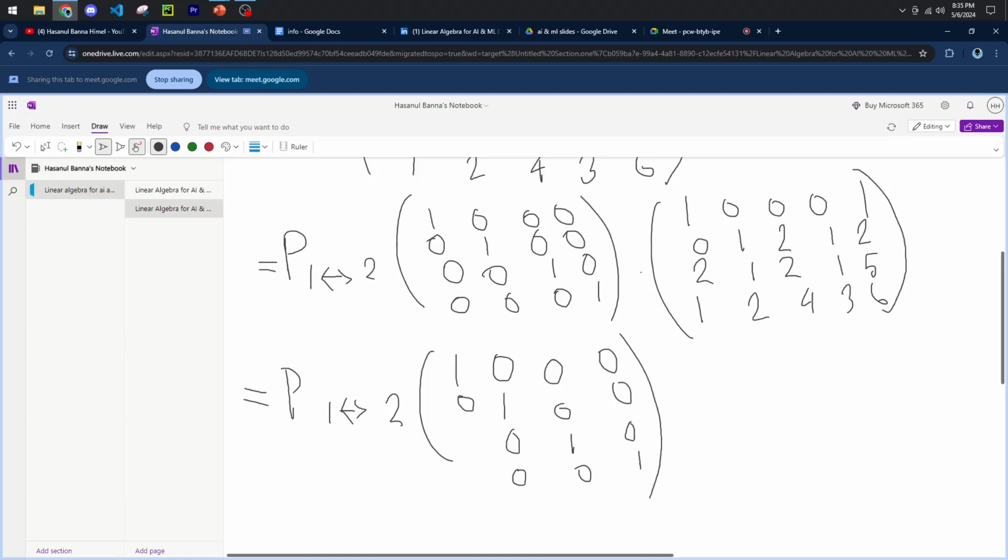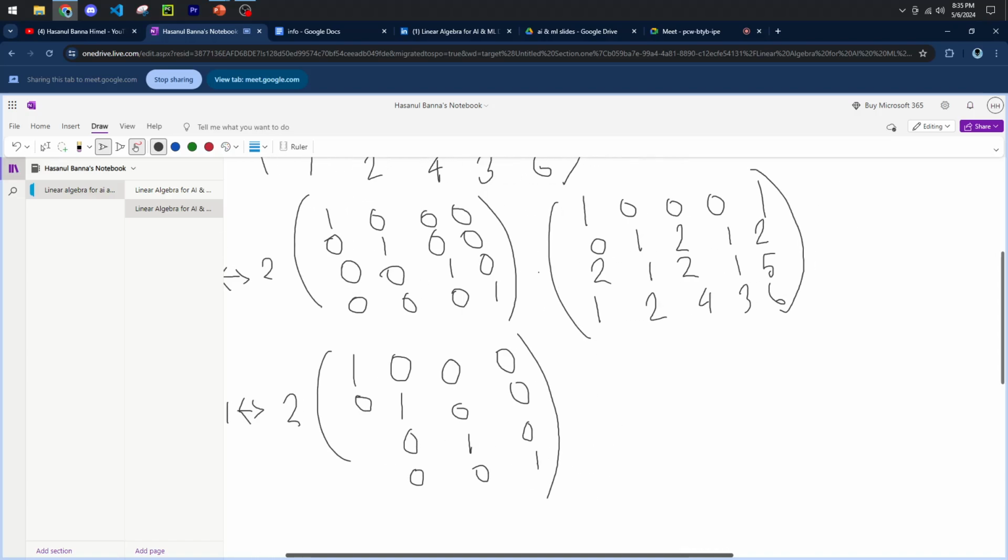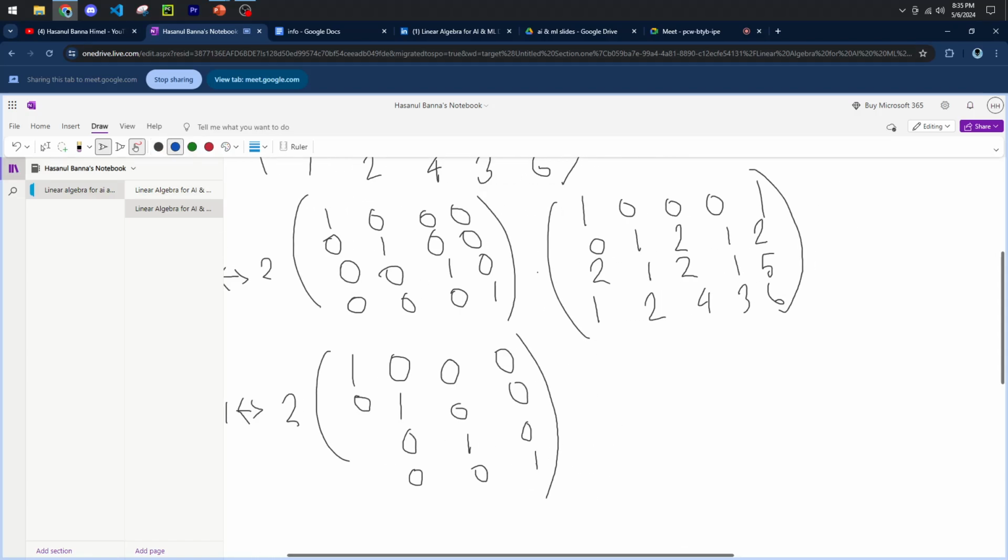As we said, at first we will do it for the first column. Here we will be multiplying our first row with 0 and subtracting it from our second row: second row minus 0 multiplied by first row.